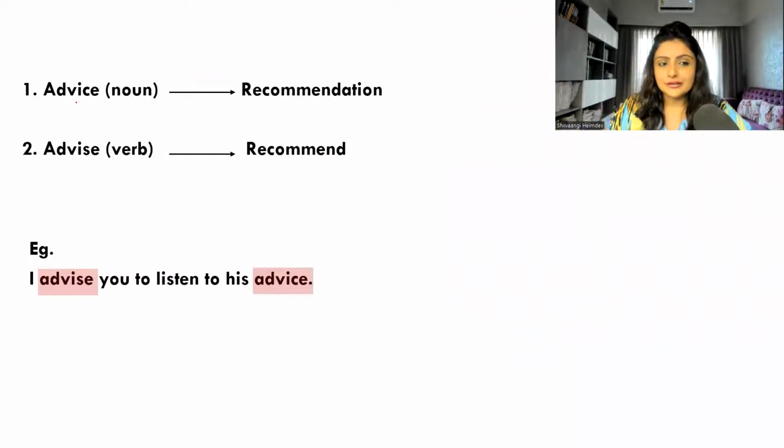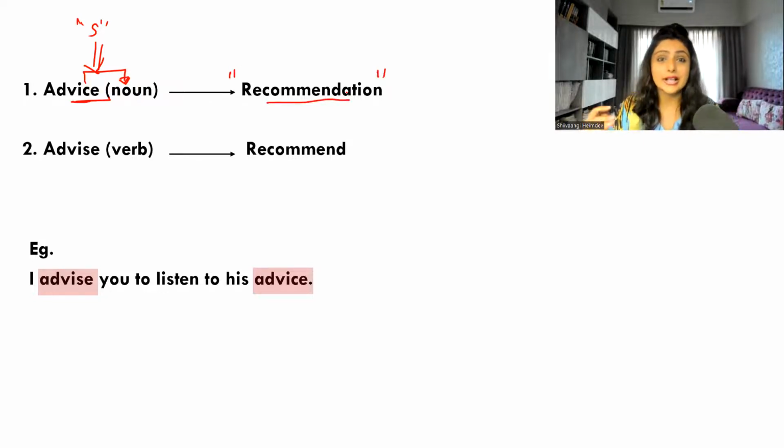So now advice. When I say advice, the S sound, advice is a noun. Now, when I'm using advice, which is a noun, the meaning of this word is recommendation.